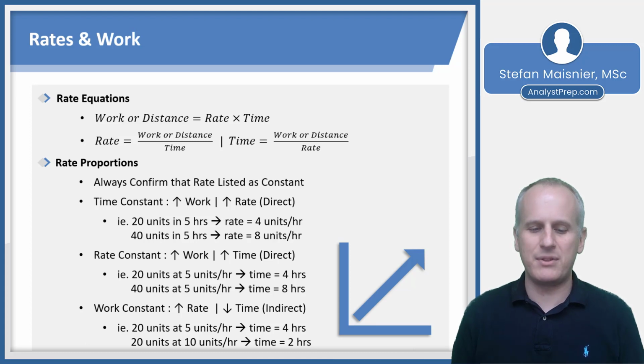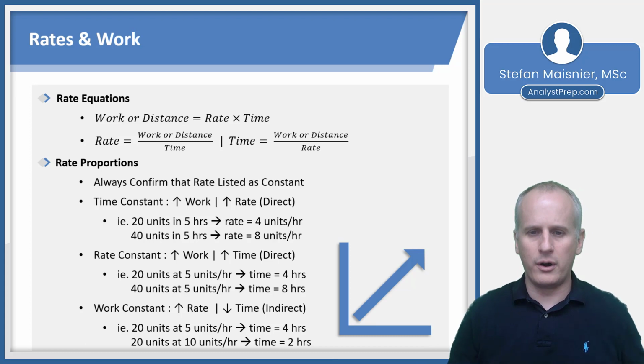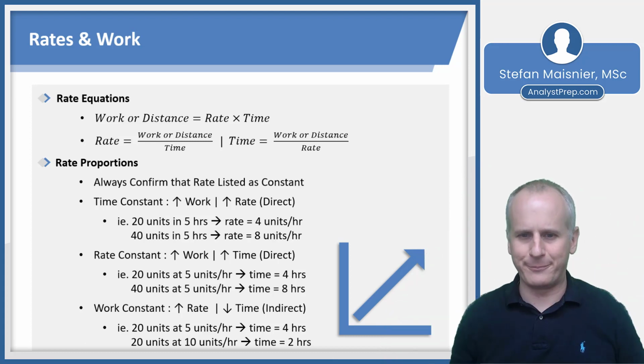But if we keep the work at 20 units and double the rate from 5 to 10 units per hour, the time goes from 4 hours to 2. So you have to make sure you keep track of whether your variables will increase together, decrease together, or one goes up and the other goes down.